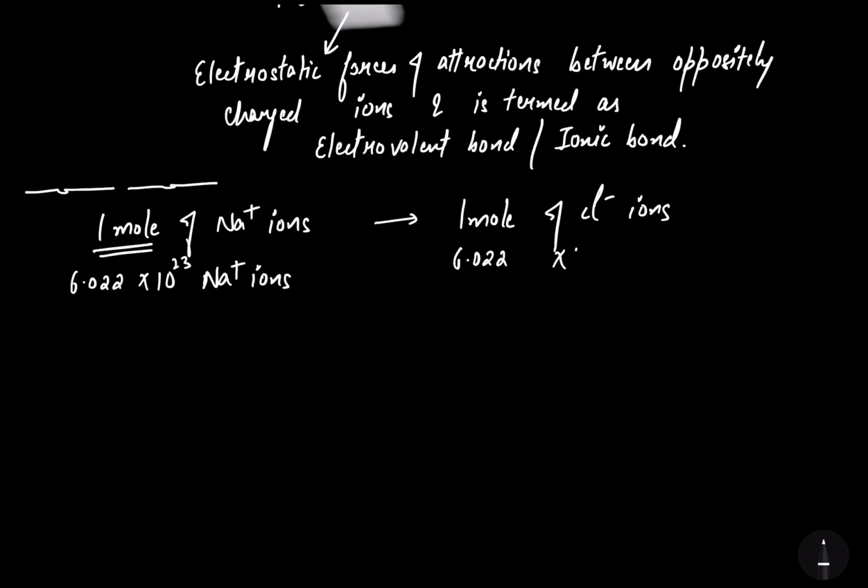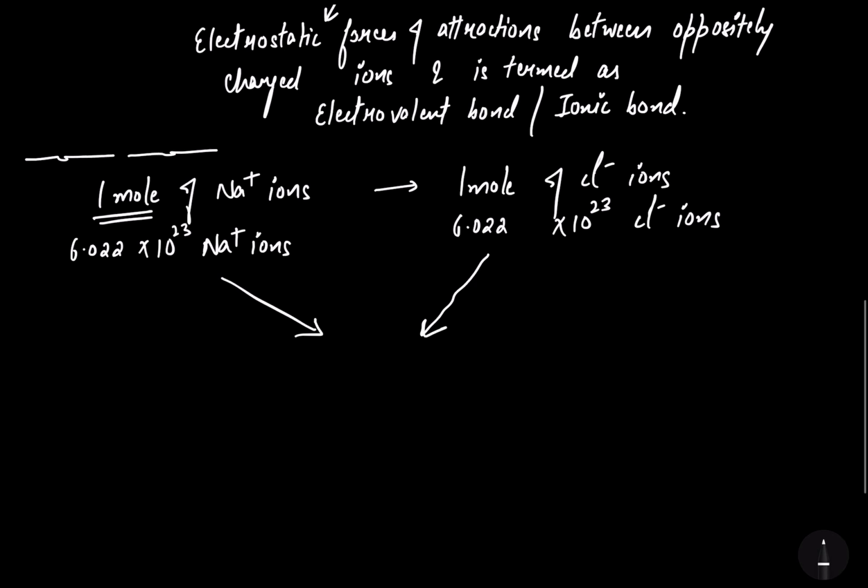that is 6.022 into 10 to power 23 Cl negative ions, will arrange themselves, both of them will arrange themselves in a 3D lattice in an alternate fashion.